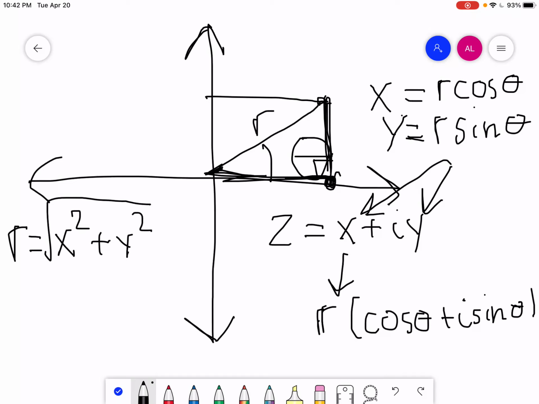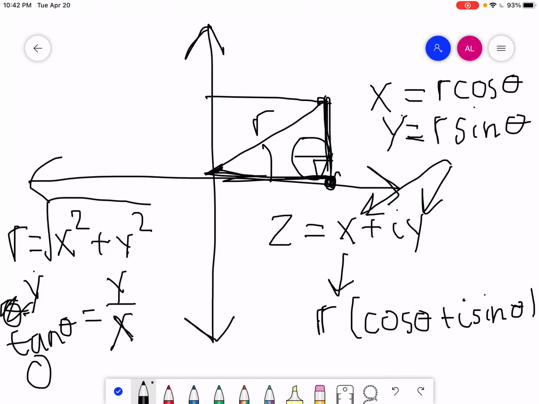You can take this to find theta. You can take the slope of the line, y over x, and we know that the tangent is equal to the slope, so tangent of theta is equal to y over x. You can take the arctangent to find theta.